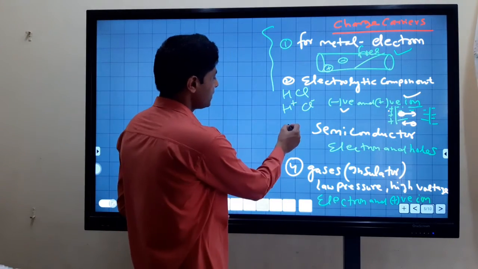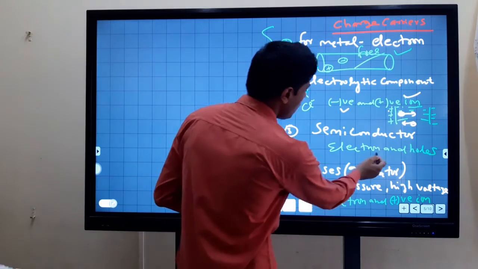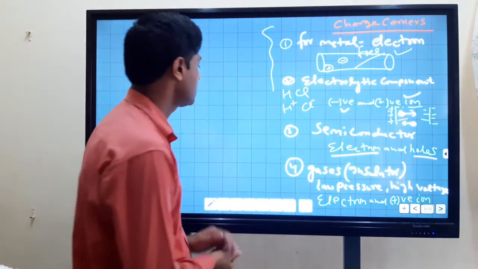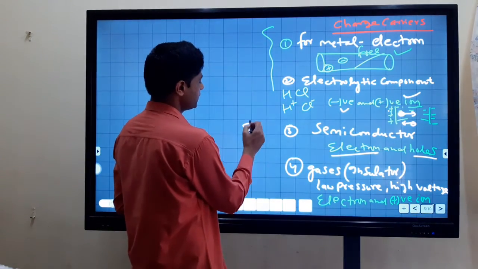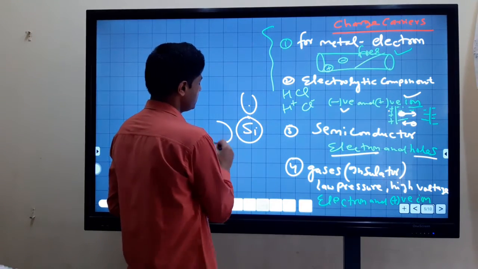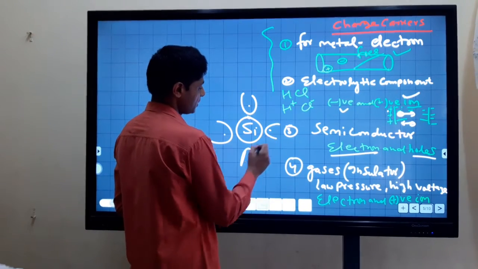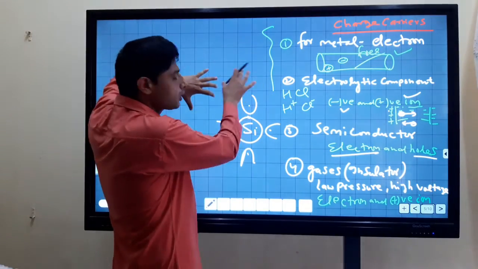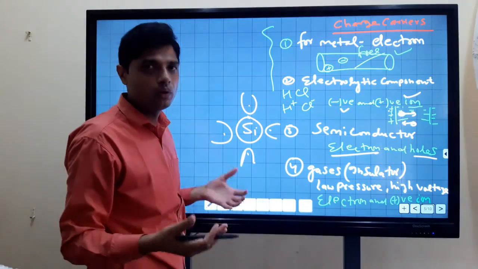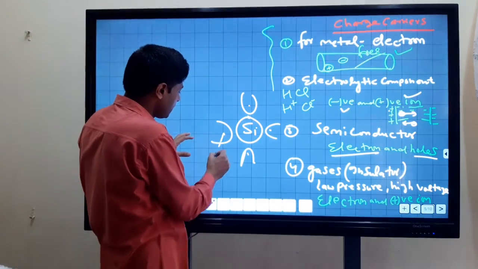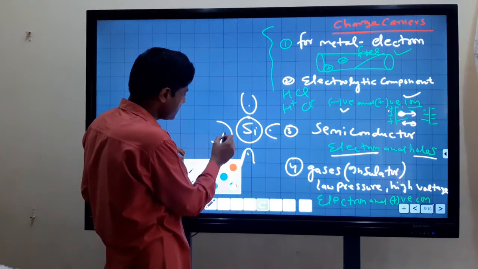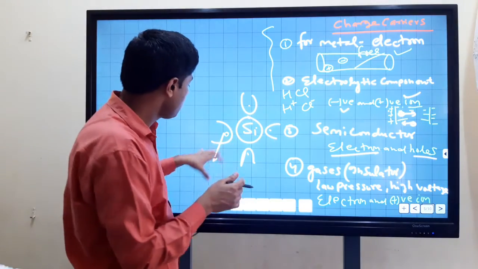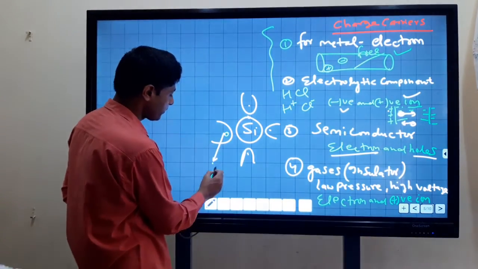In semiconductor, electrons and holes both are mobile charge carriers, because like silicon, there are 4 electrons connected by covalent bonds. When a covalent bond breaks and an electron leaves its place, an empty place remains in the place of the free electron. This empty place is known as a hole, and this is the free electron.